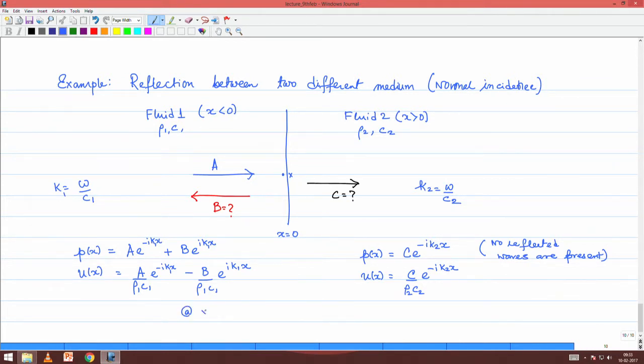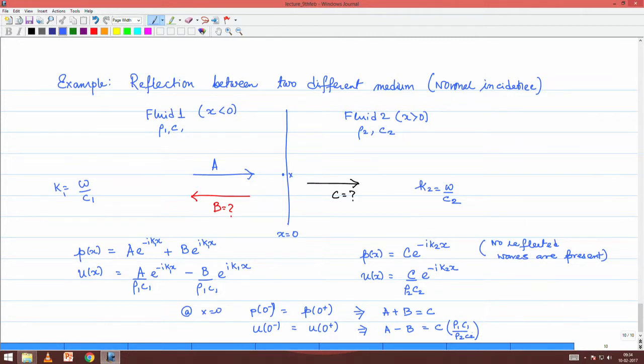At x equals 0, the pressure coming from both sides, in other words P 0 minus must be equal to P 0 plus simply by continuity arguments, and that should make it A plus B equals C. And similarly at x equals 0 we should have u 0 minus equals u at 0 plus, which should make it A minus B equals C times rho 1 c 1 divided by rho 2 c 2.